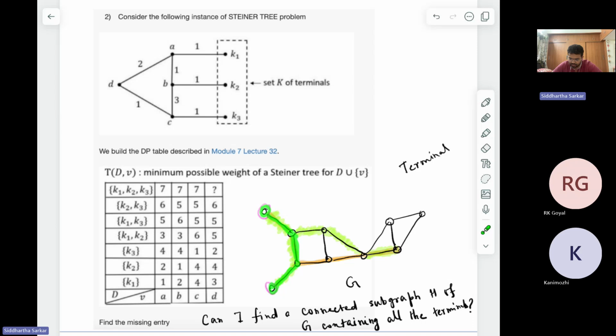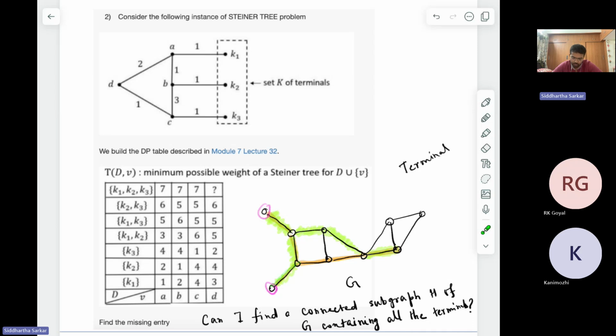Reachability problem, I can find whether I can make a move from this vertex to the other vertex. Minimum shortest distance, I mean the shortest path.